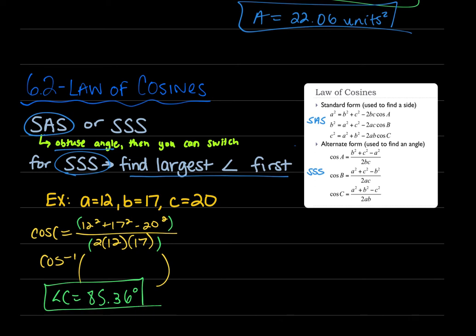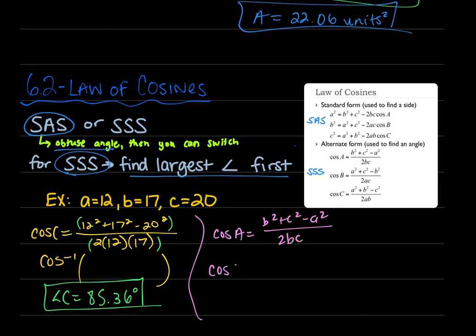Then I'm going to repeat that process for the other angle, and I can pick either one. So I'm going to say cosine of A equals b squared plus c squared minus a squared over 2bc.